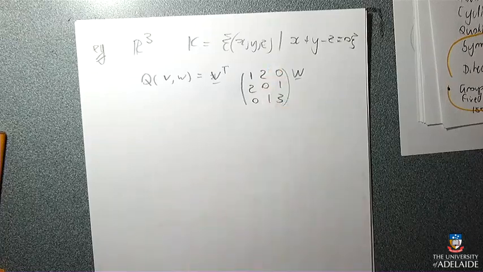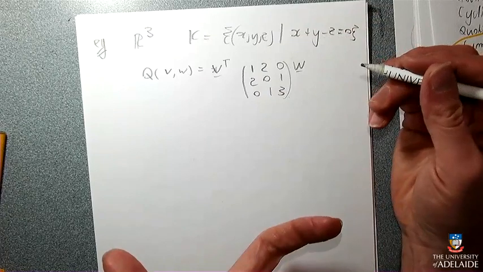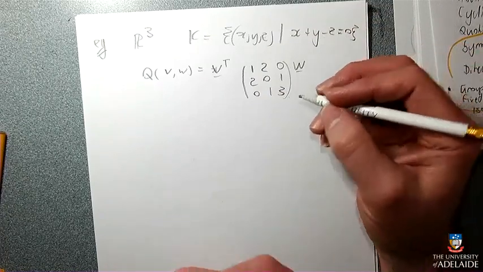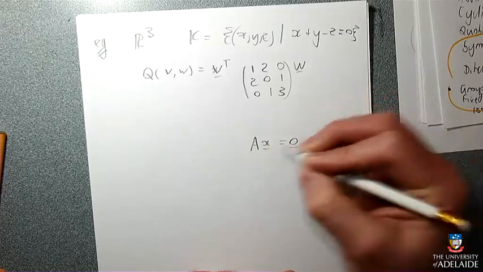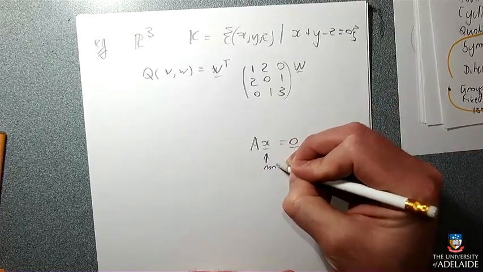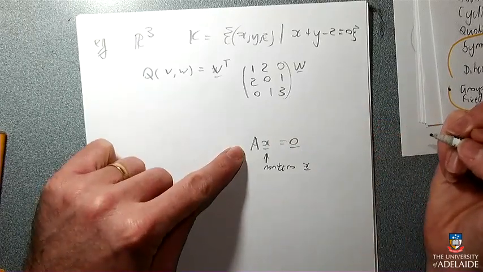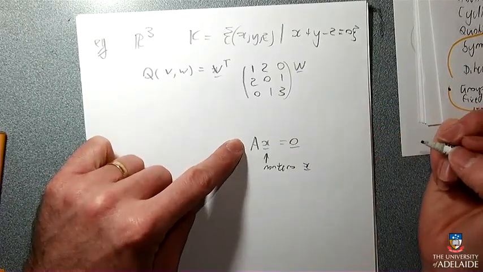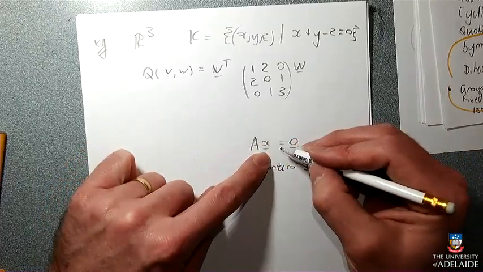So if the determinant of this was 0, then it wouldn't be invertible. If you have a non-zero solution to this, then the determinant of A is 0. If A is invertible, then the only solution to this is x equals 0.